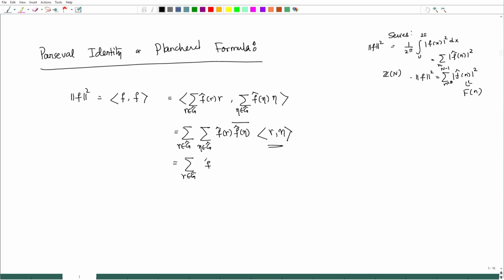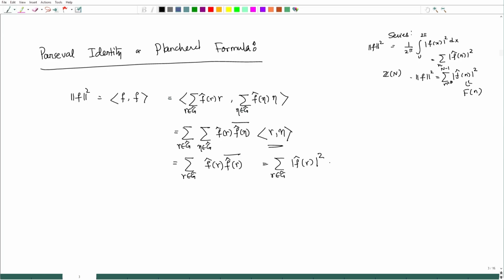Now, f hat of gamma, now eta has to be gamma, and gamma gamma is 1. So, this is nothing but, so that is what we have also derived.